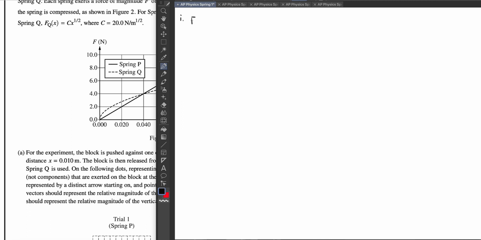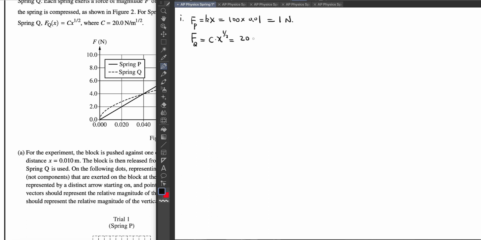First we calculate the spring force Fp, which is kx. Now k is 100, x is 0.01, so we get 1 newton. Now the force Fq from spring Q will be c x to the power 1/2.